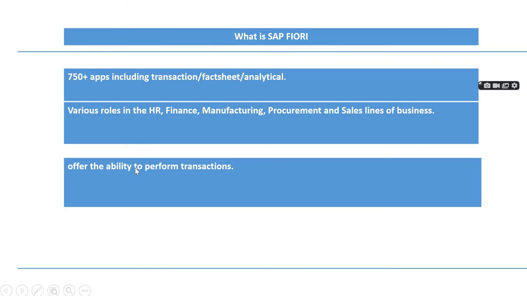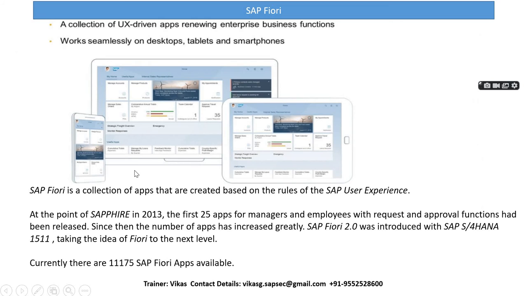Okay, so it offers the ability to perform transactions, that's fine. So this is the look and feel of Fiori. You can see this is the Fiori application. Once you launch the Fiori launchpad, the user ID will be there, and then these are the Fiori groups, and these are the Fiori tiles or applications you can find.